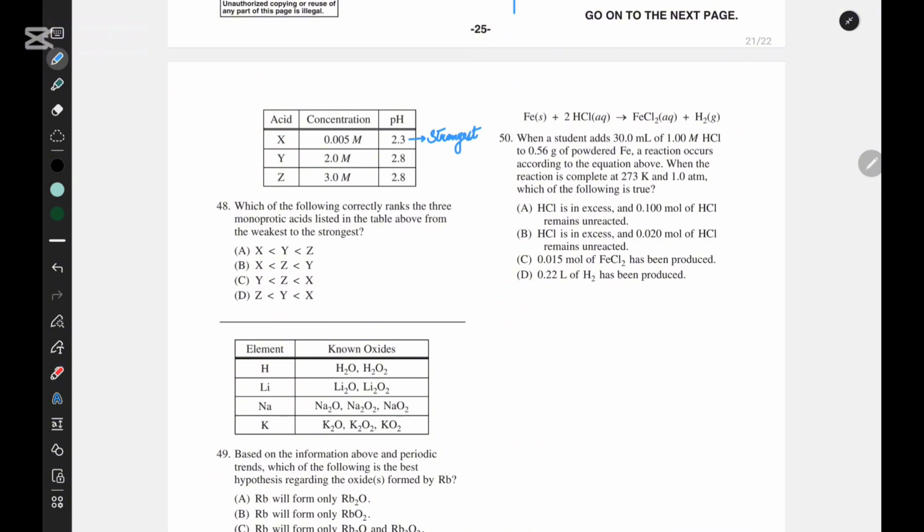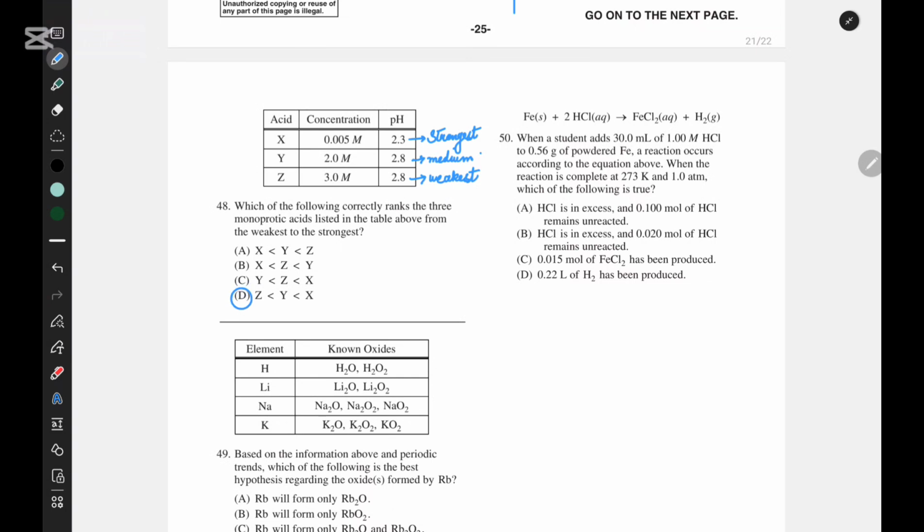With the lower concentration, the pH is the same. So if with the highest concentration the pH is the same, then it is going to be the weakest, because although it has the highest concentration, the pH is still the same, so it is weakest and the other remains at the medium position. So our right answer is going to be D.